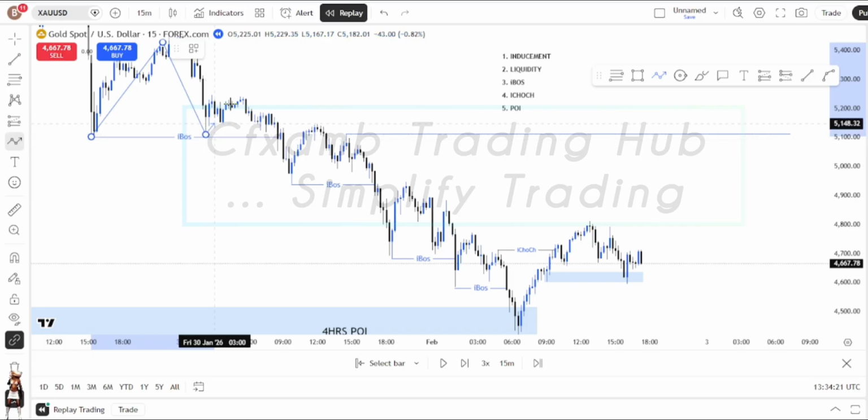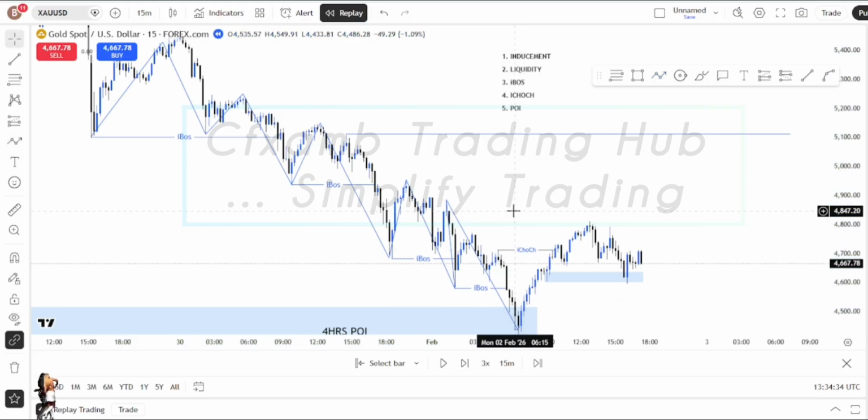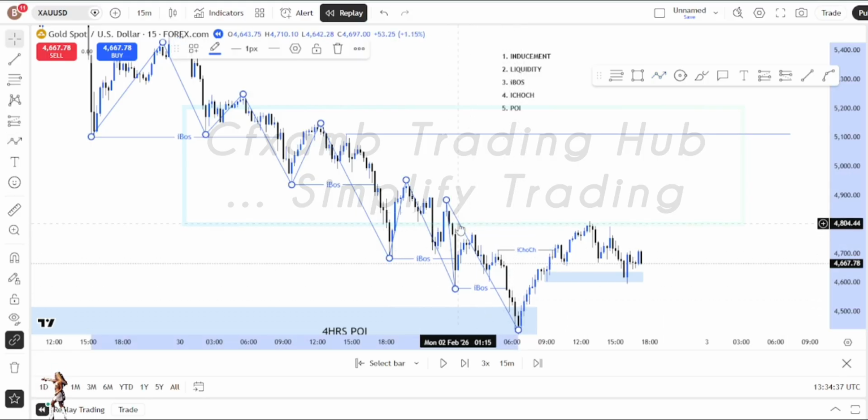We have lower low here, lower high, lower low, lower high, lower low, lower high, and lower low. Then we have lower high, then we have lower low here. Understand? So this is what the market is doing.